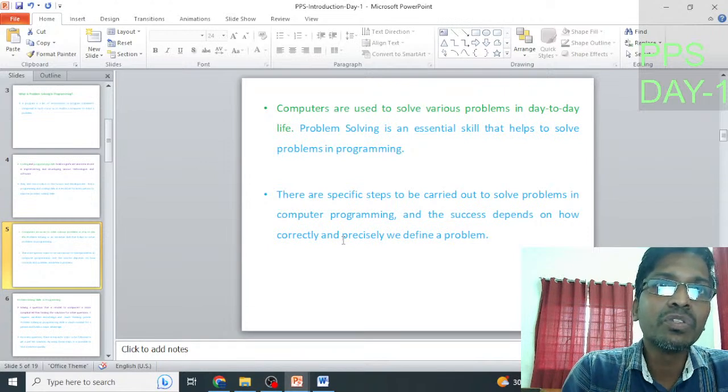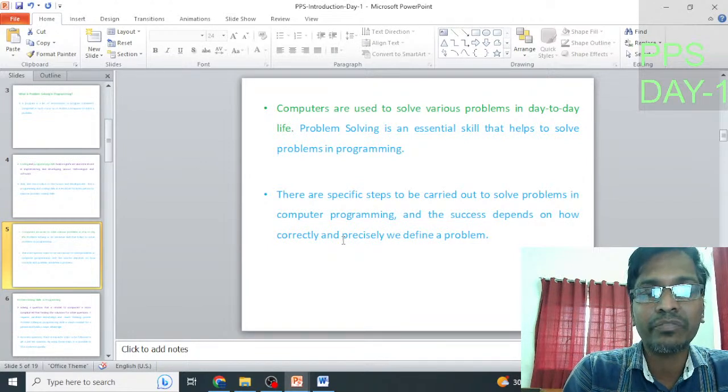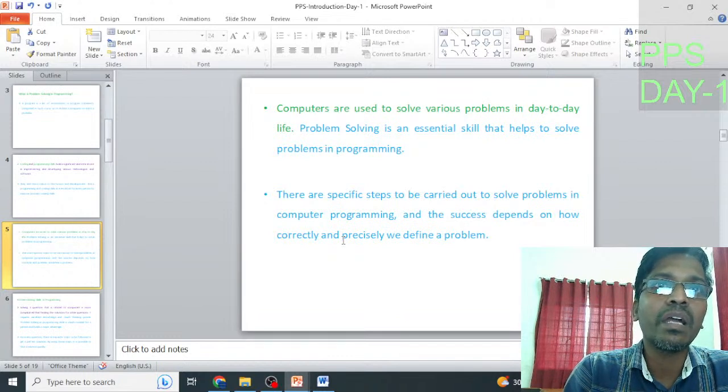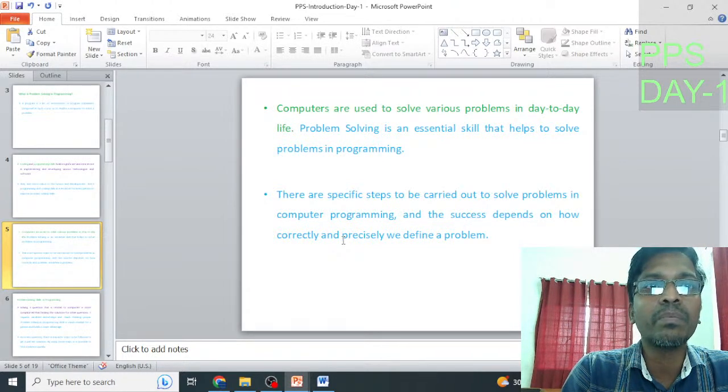Computers are used to solve various problems in day-to-day life. As you have seen, anywhere you go, whether to a supermarket or a reservation system, every day in our life we are using computers. By using computers, we are solving real world problems. For solving real world problems, or any problem, you have to follow some steps.